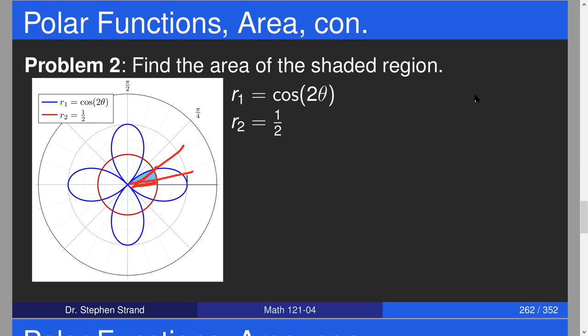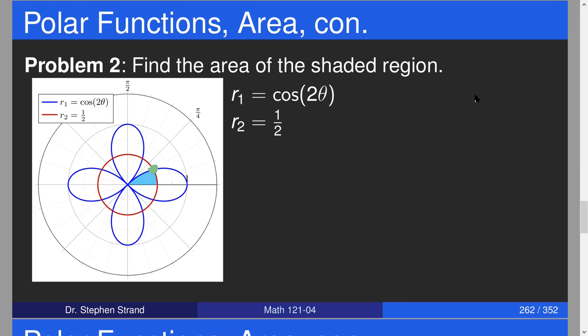And then once we're past that, when we draw a line here, we're actually only going out to the blue curve. So we actually don't need the red circle at all once we pass this point. So in this case, what we're interested in is the point of intersection, and then we're just going to set up two separate integrals to calculate this area.